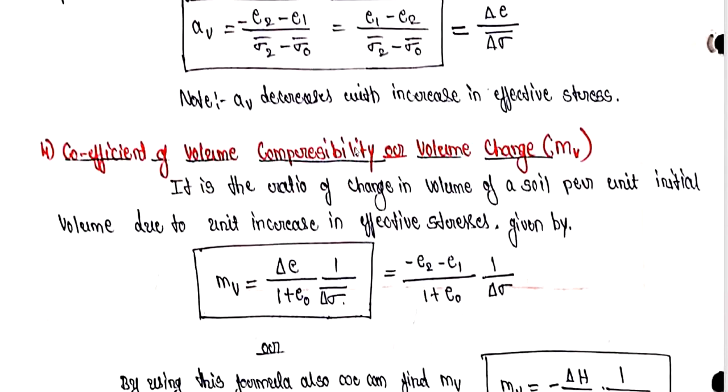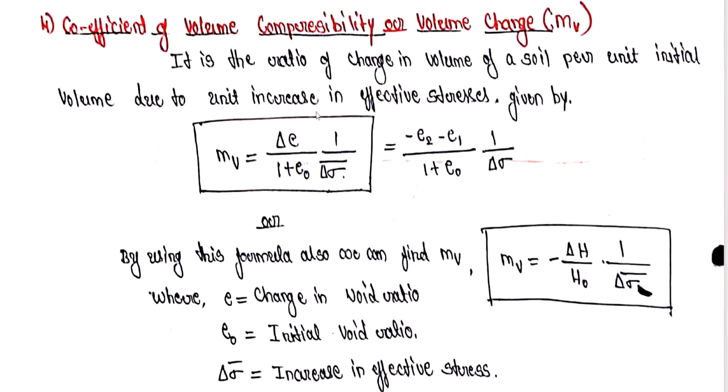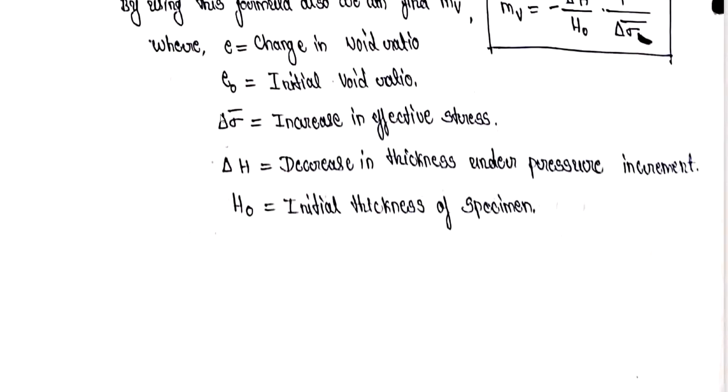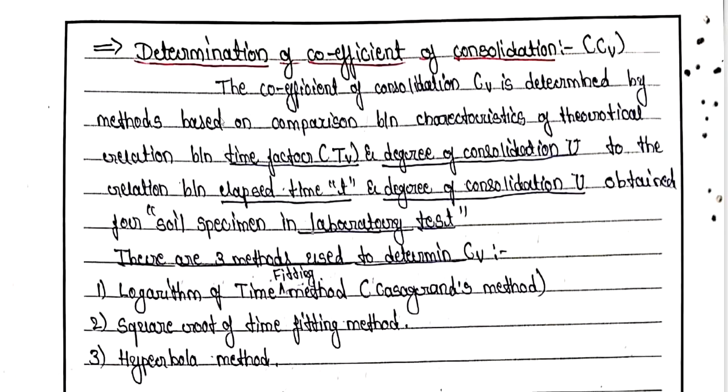So the coefficient of volume compressibility or volume change formula is very important. In many of the problems they are going to ask you to find out the volume compressibility or volume change.